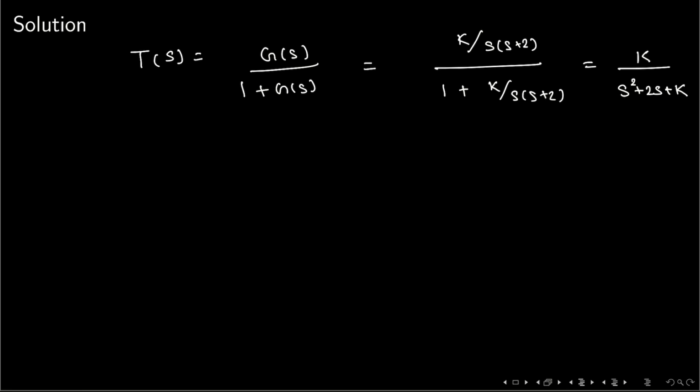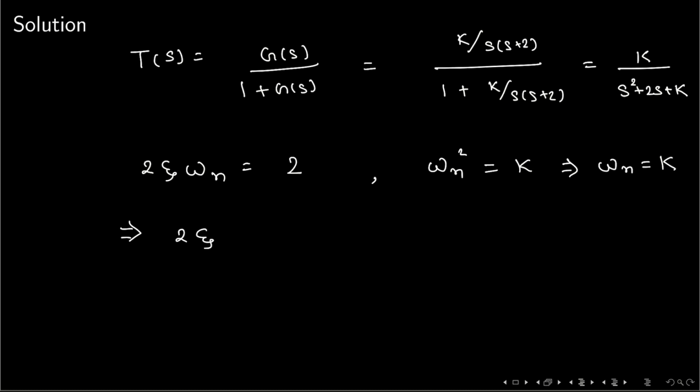Comparing this with the standard second order equation, we get 2ζωn = 2 and ωn² = K, so ωn = √K. Putting this value of ωn here, we get 2ζ√K = 2, which gives ζ = 1/√K.